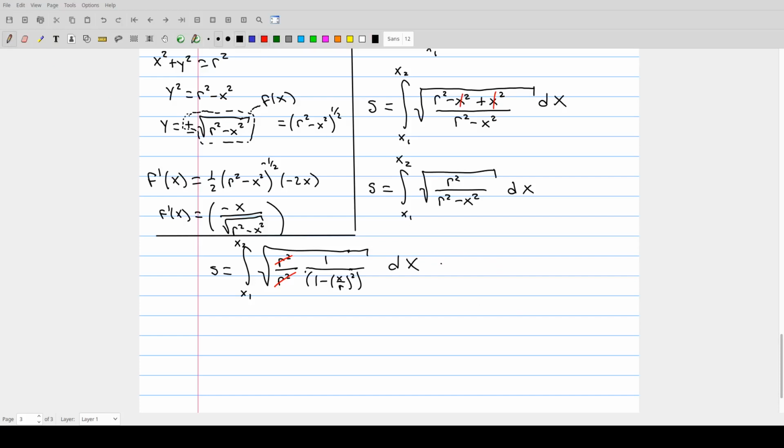And the integral that we end up having to evaluate then is the integral from x1 to x2 of 1 over the square root of 1 minus (x over r) squared.